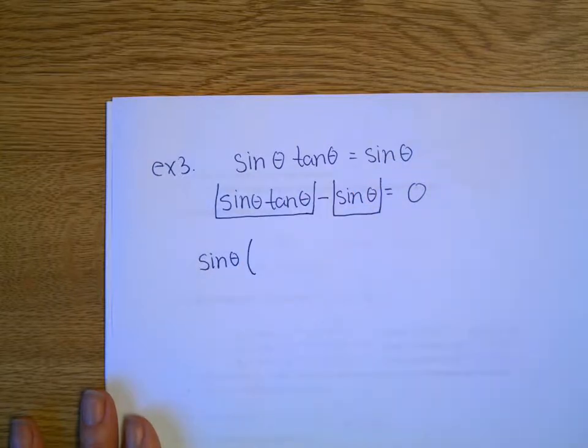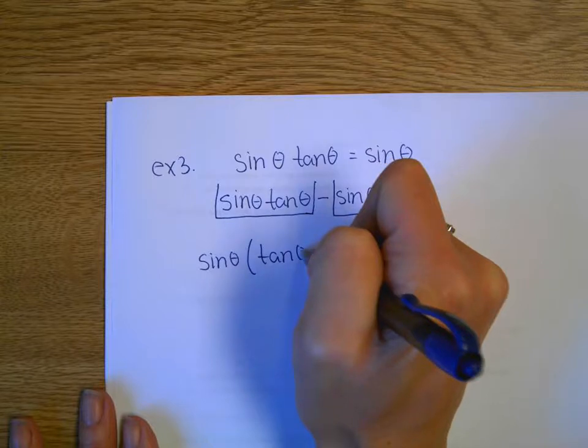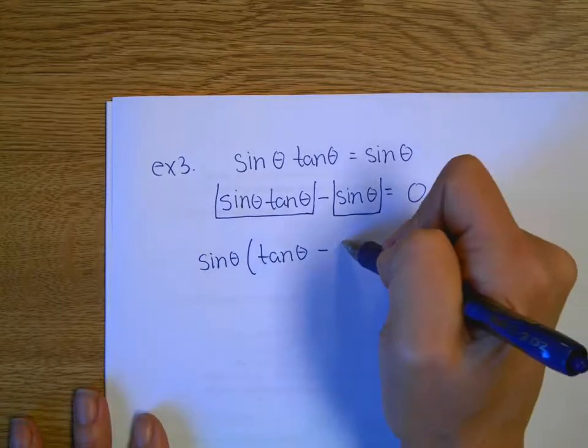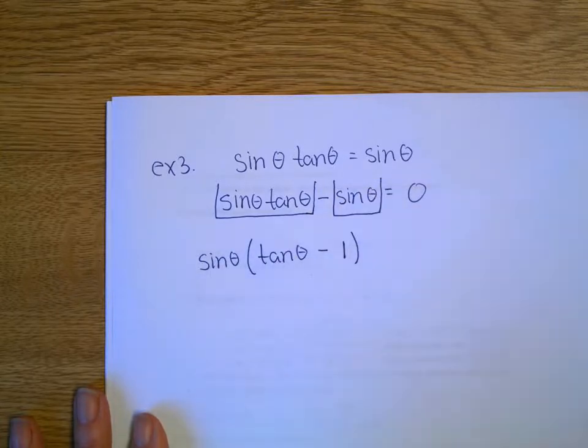What's left in the first basket? Tangent. Minus what's left in the second basket? 1. Because we're doing a reverse distributive property. You have to have something there, so when I distribute back in, I get back what I started with. If I put a 0 there, I wouldn't have that second basket anymore.